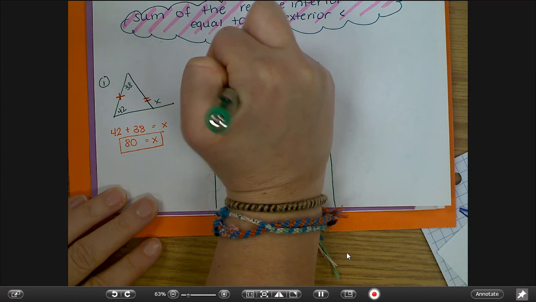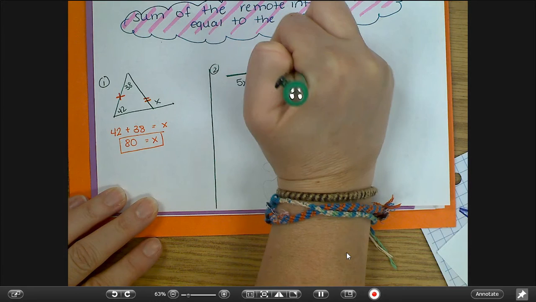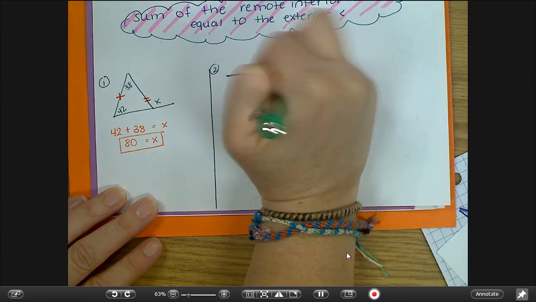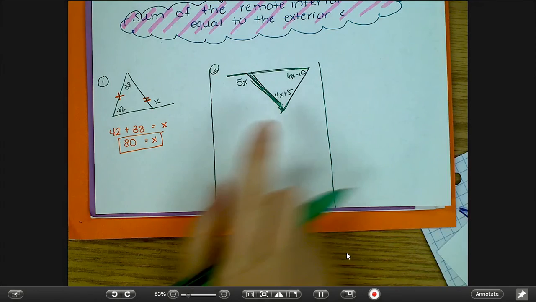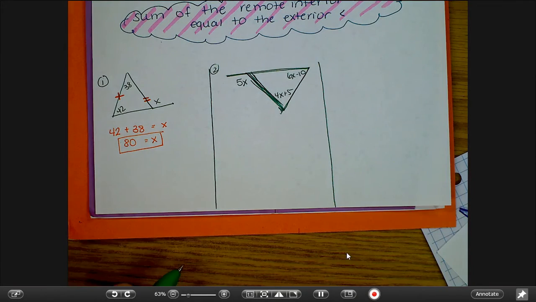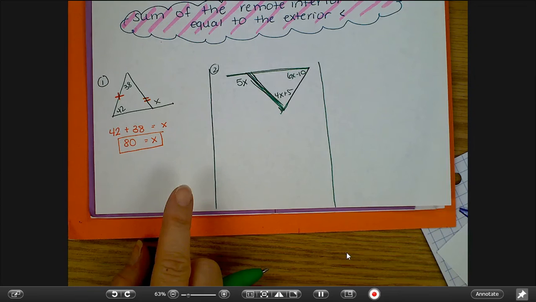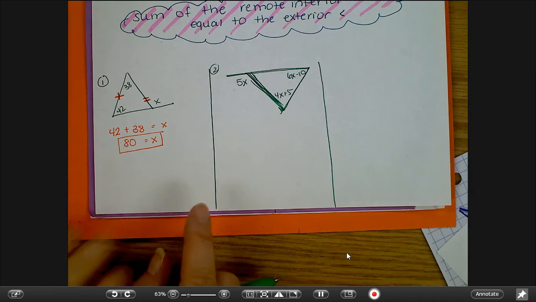All right, so this one's 5x, this one's 6x minus 10, and this one 4x plus 5. For this, there is no other way to figure this out except to use the exterior angle formula.